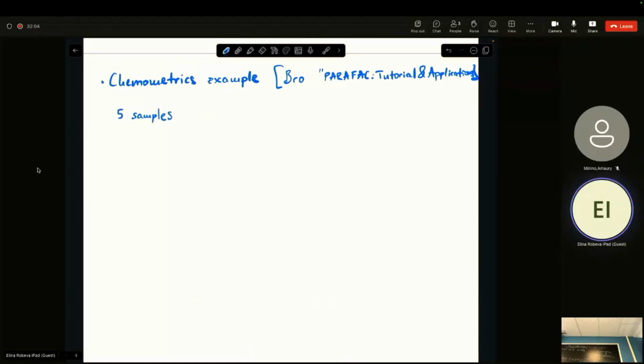So we have 5 samples, and in each sample, we have a mix of several chemicals with different proportions.